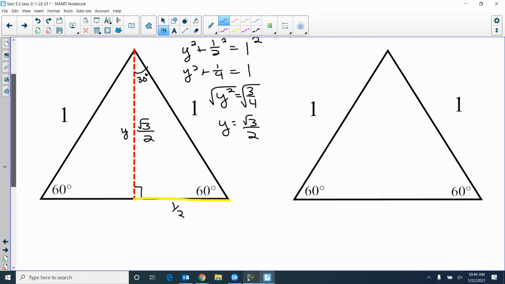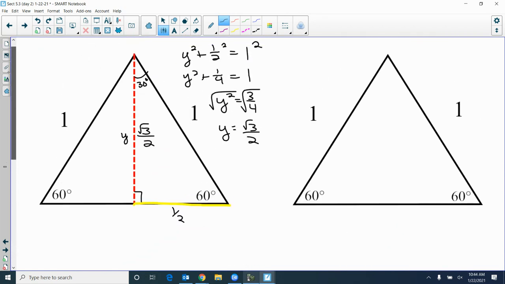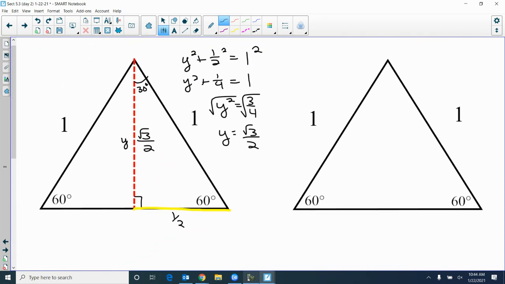So for that figure that you have down here, I have it drawn flipped both directions, but I think you have the one on the left. We want the hypotenuse to be 1 because that's going to be part of our unit circle. And that's just what we did up above. So if that is 1, the leg across from the 30-degree angle is always going to be 1/2. And the leg across from the 60-degree angle is going to be radical 3 over 2.